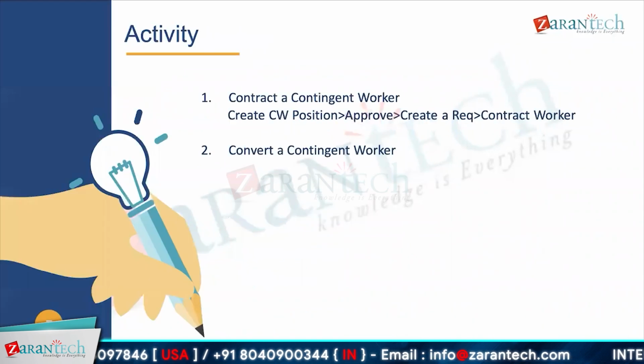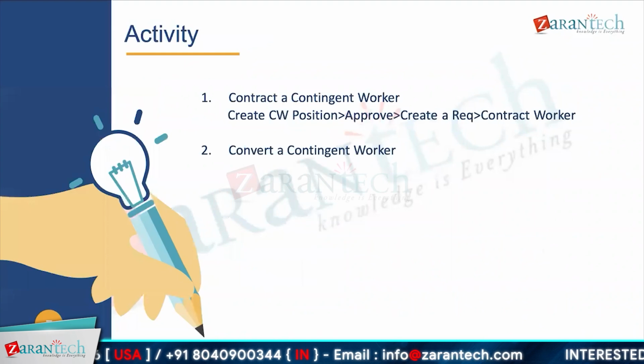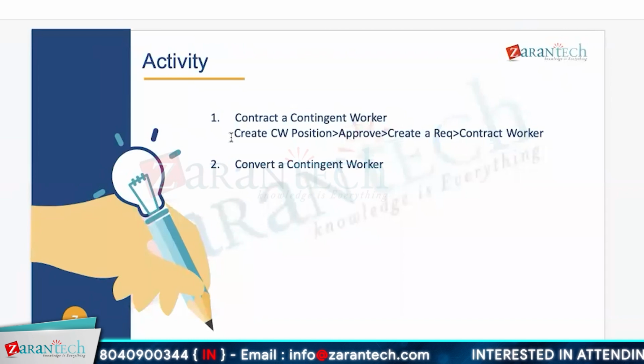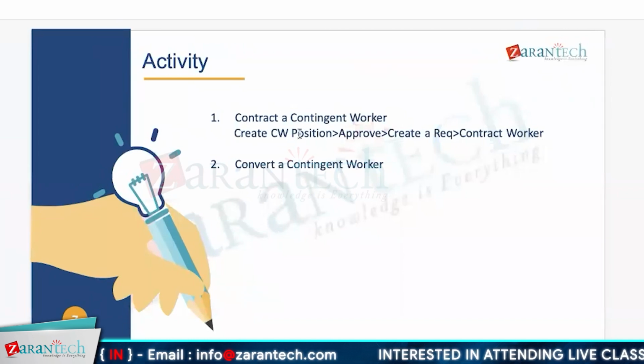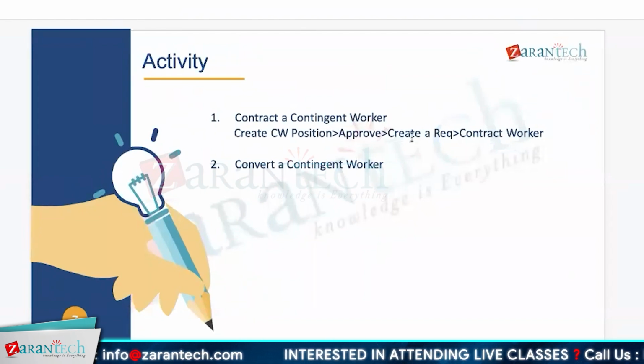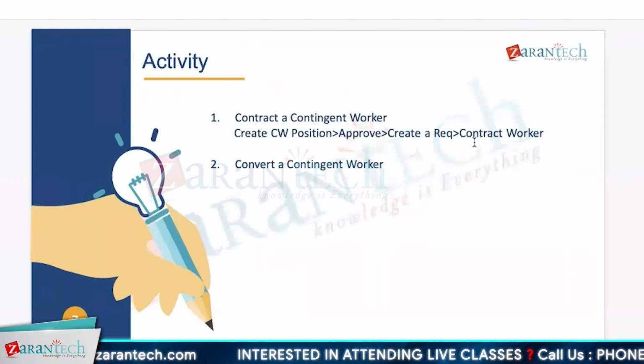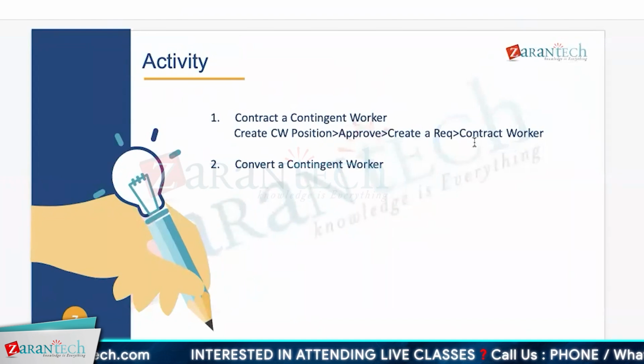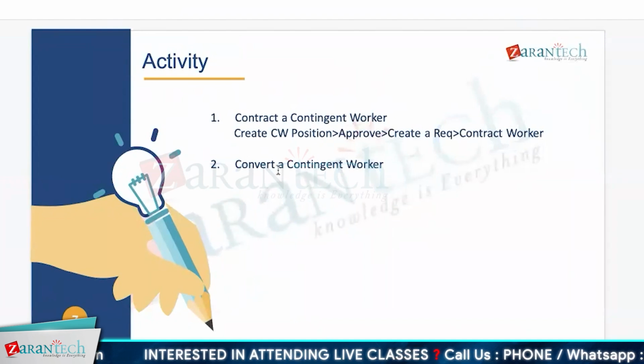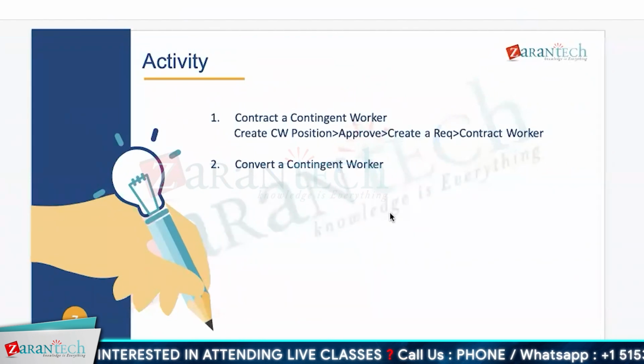So let's just do this activity: contract a contingent worker. We'll create a contingent worker position, get it approved, then we'll create a requisition, and then we'll hire a contract worker. And then we'll also see the conversion process.